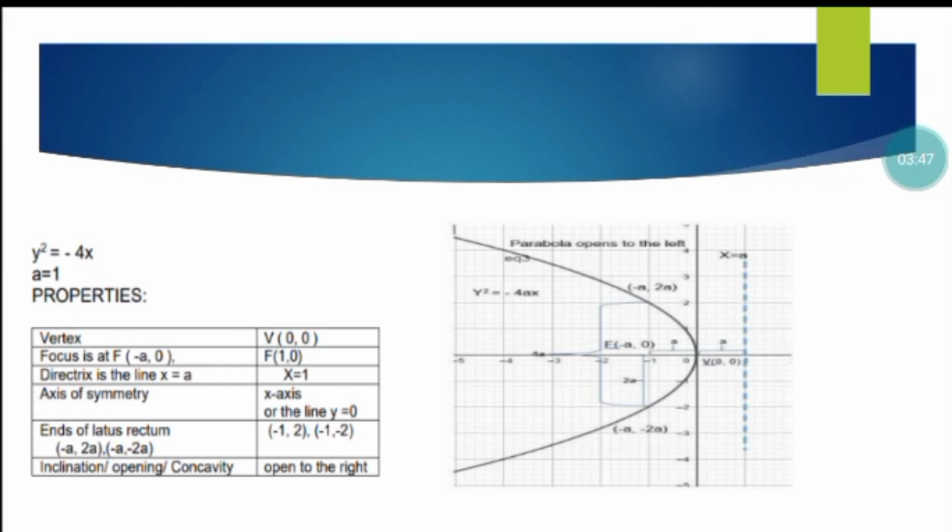Whether it opens up, downward, right or left, the axis of symmetry is equal to 0. The ends of the latus rectum are (negative 1, 2) and (negative 1, negative 2), and it opens to the left.